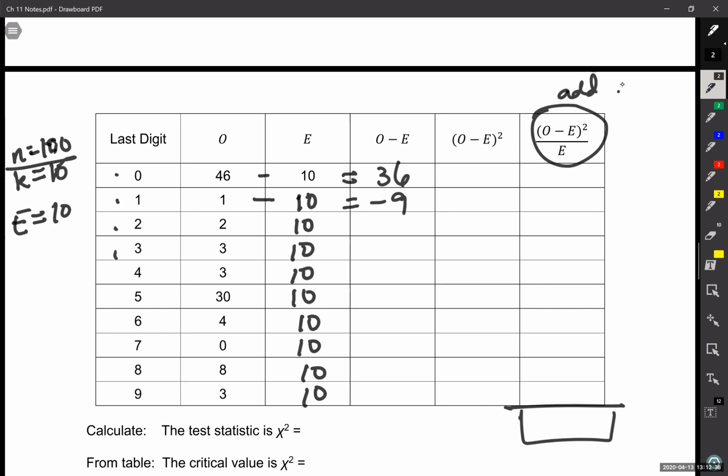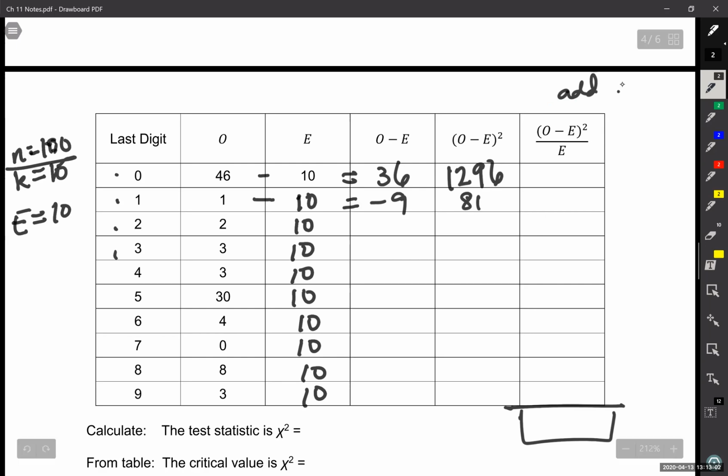Next up, we're going to take that number and square it. 36 squared is 1,296. Negative 9 squared is positive 81, because negative 9 times negative 9 is a positive number. All right, and then finally, let me get the circle out of the way so I have room.